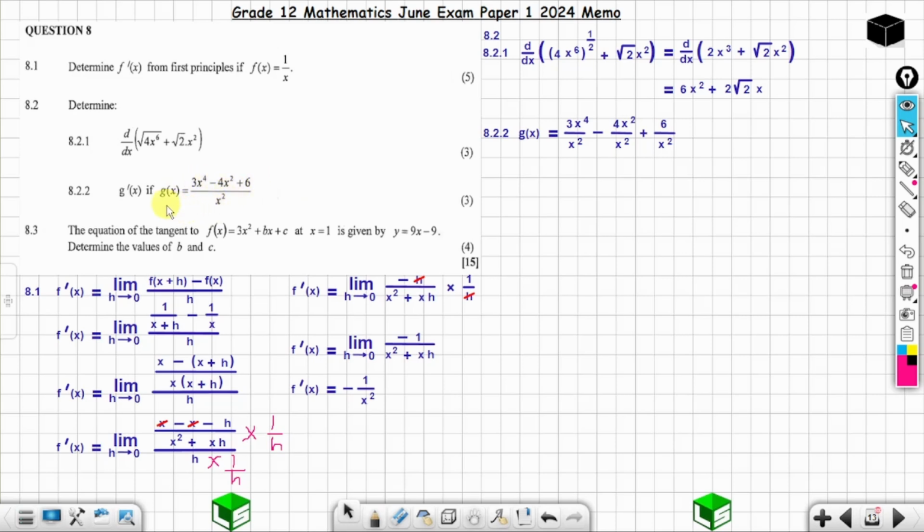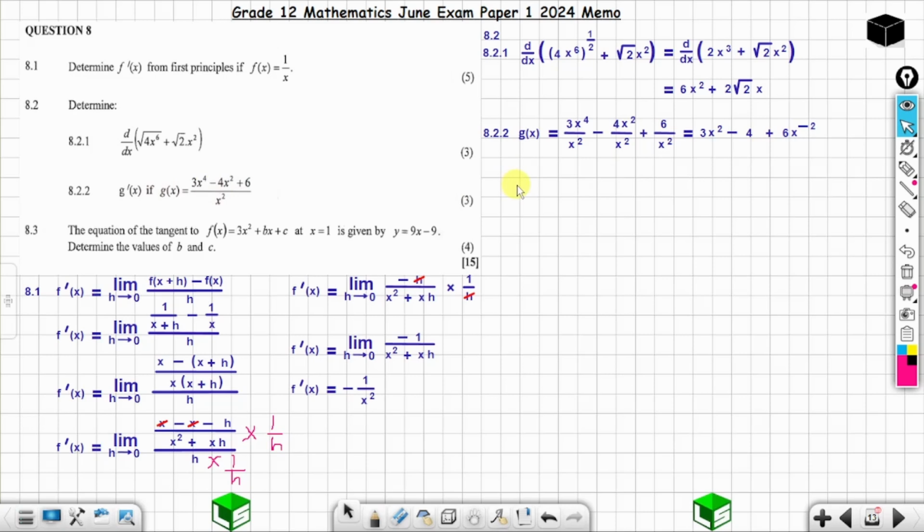You divide every term in the numerator by x squared. You rearrange what you are given. So this is equal to, you have 3x squared minus, you cancel, you have 4 plus 6. You can bring this to the numerator. You are going to have x to the power of negative 2.